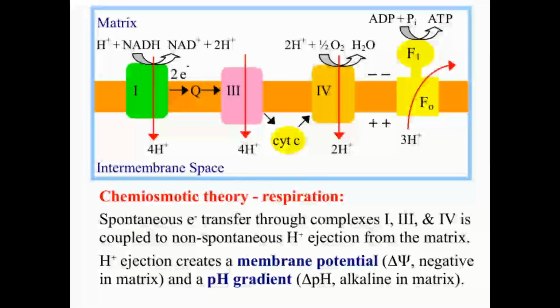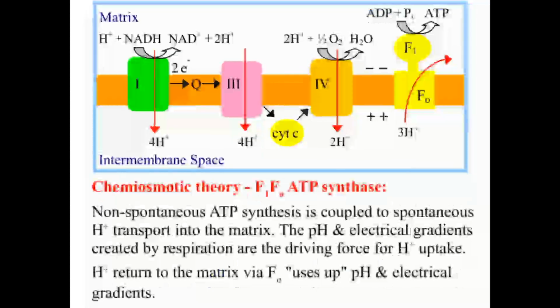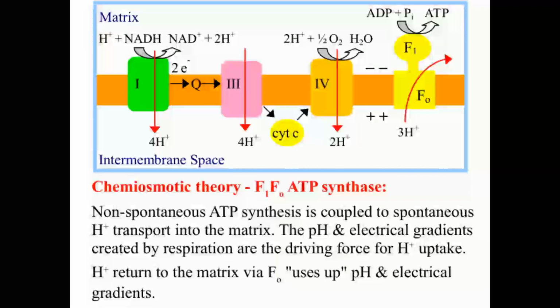Let's delve into the chemiosmotic theory and focus on the F1-FO ATP synthase. Now, what's really interesting here is that ATP synthesis itself is non-spontaneous, meaning it requires energy input. This energy comes from the movement of protons, or H+ ions, into the mitochondrial matrix.